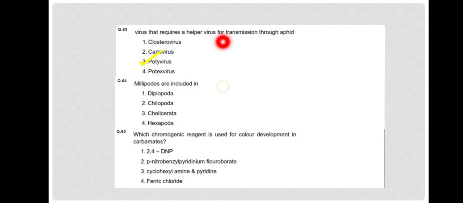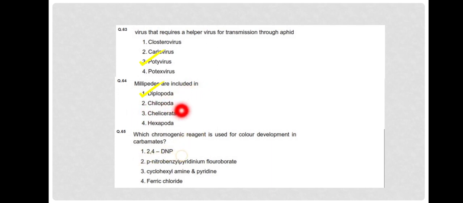The helper component or helper component protease is a must for the transmission of the potyvirus or potato Y virus through the aphid. Next question is, millipedes are included in, so the answer is Diplopoda.